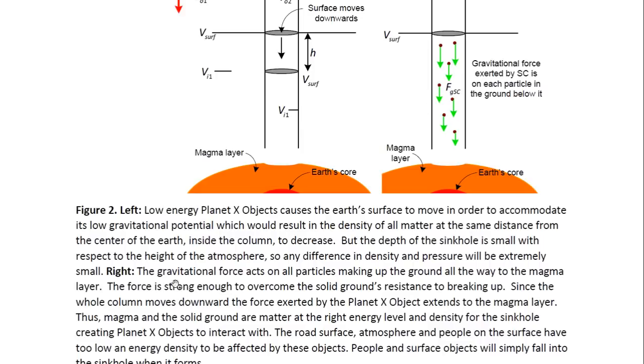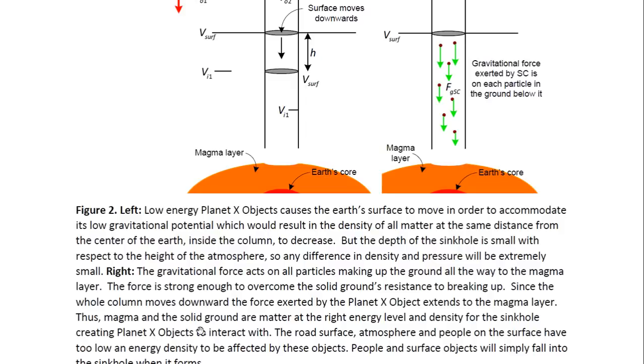And on the right, the gravitational force acts on all particles making up the ground all the way to the magma layer. That's why I left the magma layer there. The force is strong enough to overcome the solid ground's resistance to breaking up. So it must be a very strong force. Since the whole column moves downward, the force exerted by the Planet X object extends to the magma layer, all the way down to here.